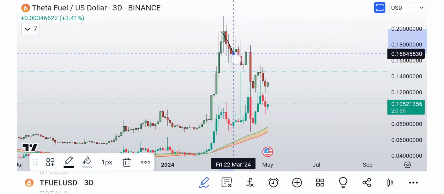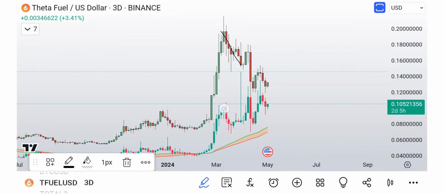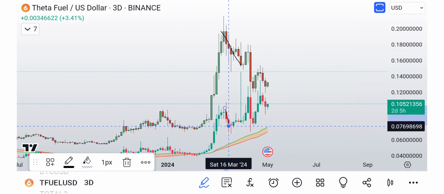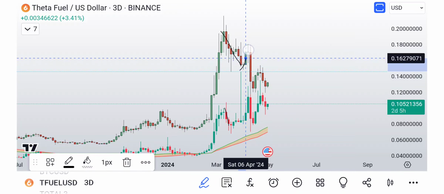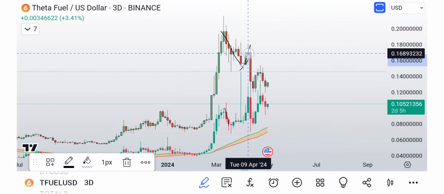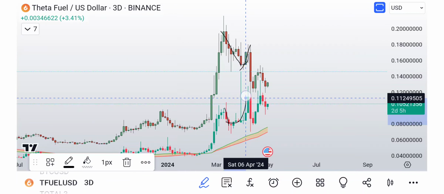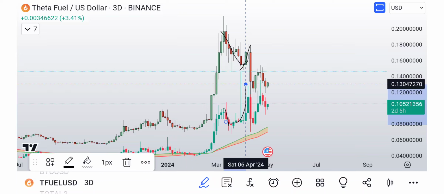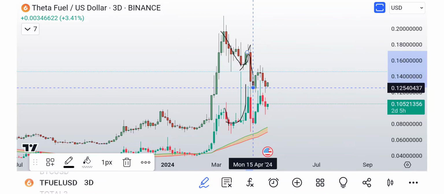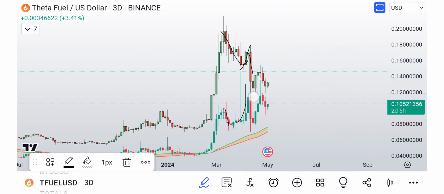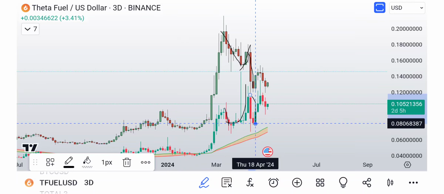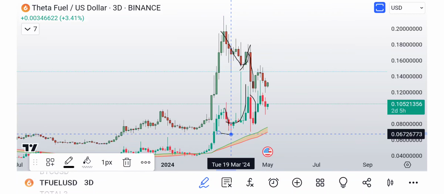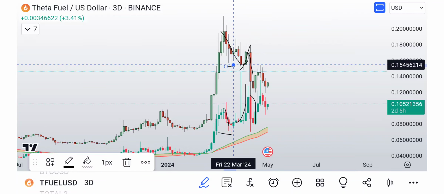So as Theta went all the way down, Theta Fuel went down, right? But then when Theta pulled back up, it just pulled back a little bit. But Theta Fuel ripped way to the upside. Then Theta dropped very, very hard. That was the big liquidation event. Theta Fuel did too, but it still held this low, which is the equivalent of these lows over here.